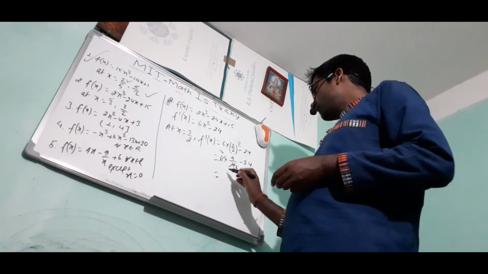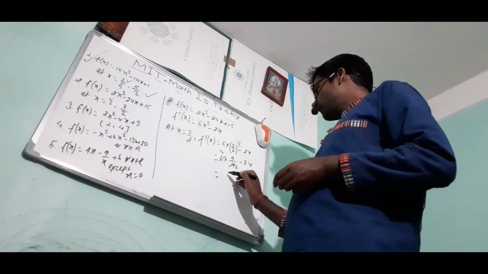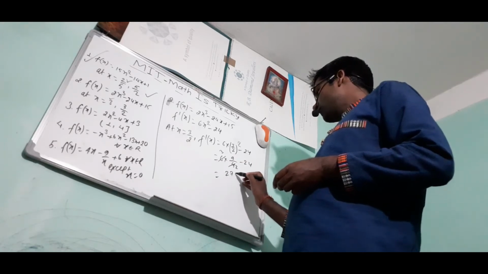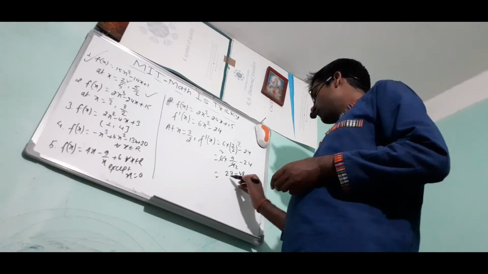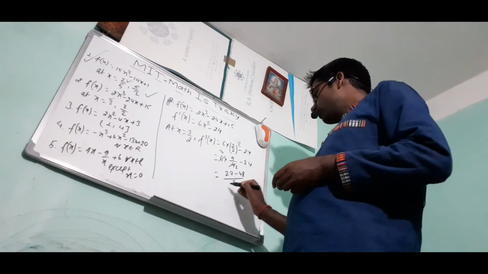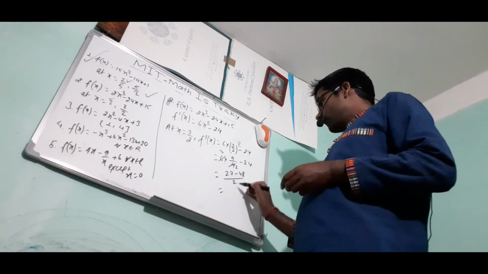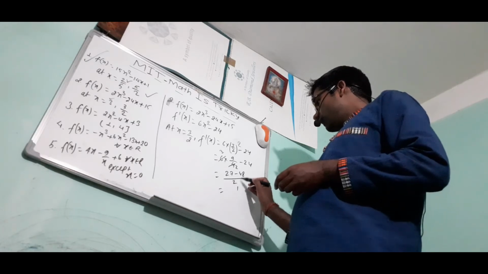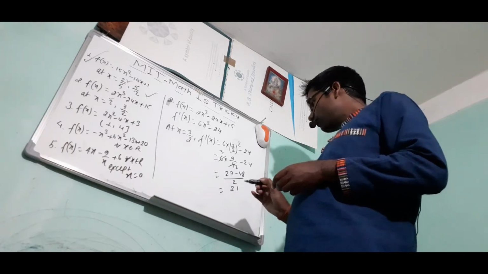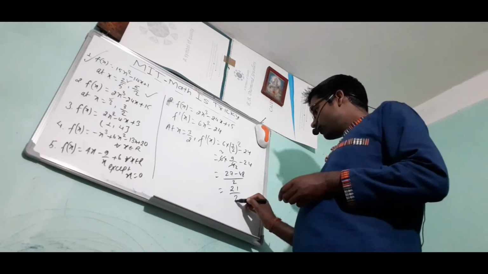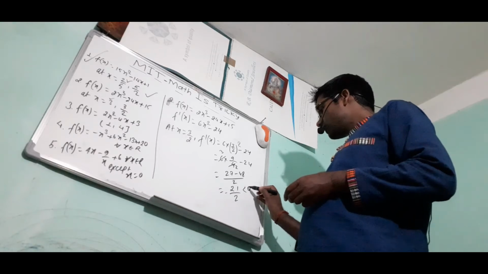So it is here simply 9 3s are 27 minus 48 by 2. So simply we'll be getting here minus 21 by 2. It is negative here, less than 0.